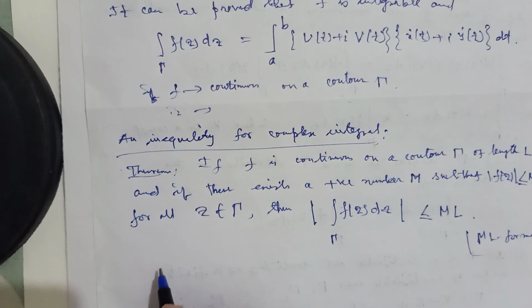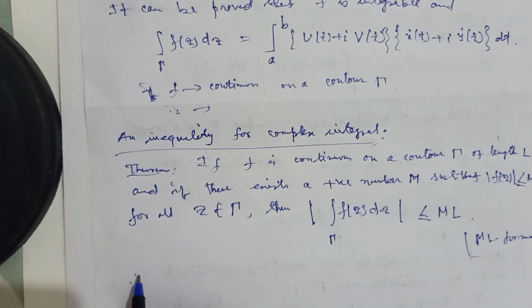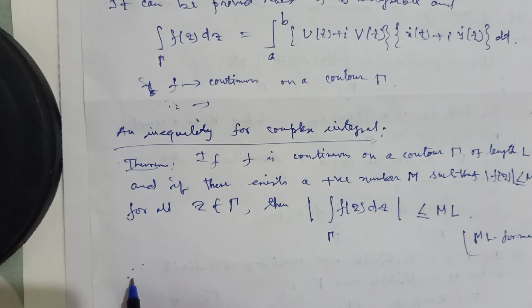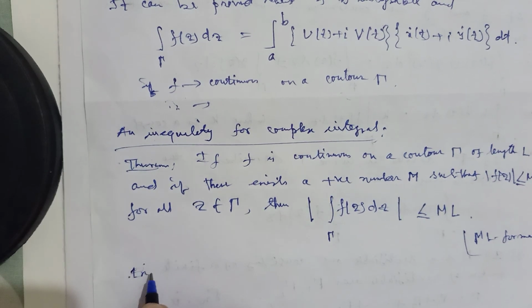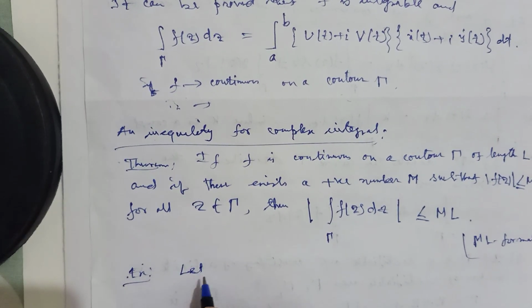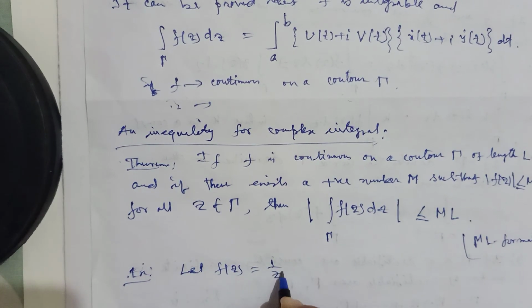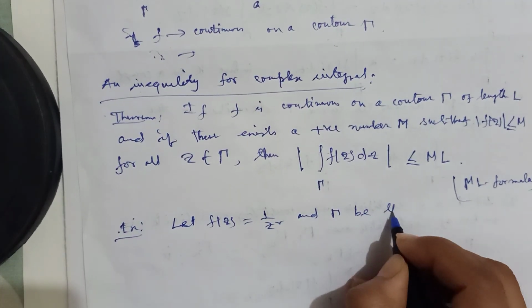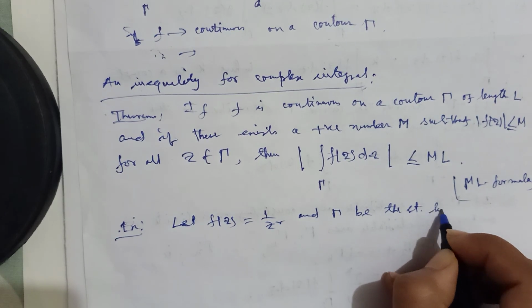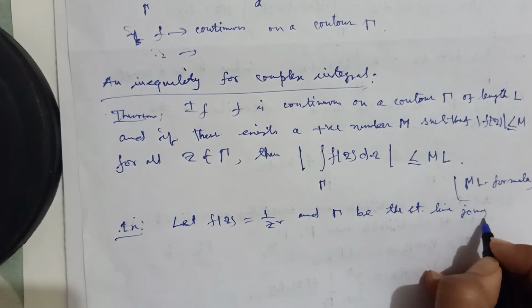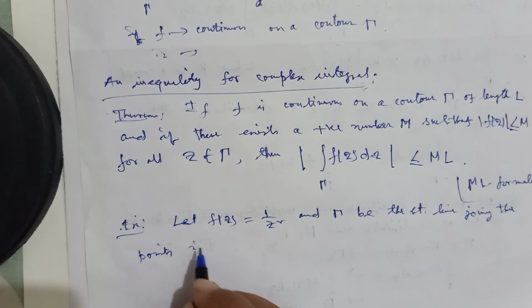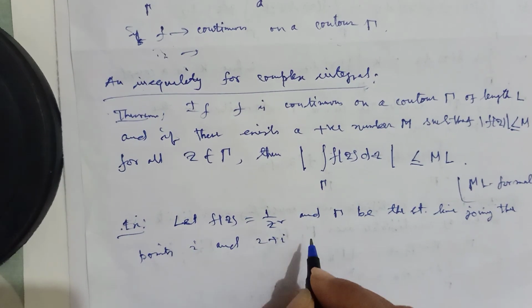Now here we solve an exercise. Let f(z) equals 1 by z square, and gamma the straight line joining the points i and 2 plus i.